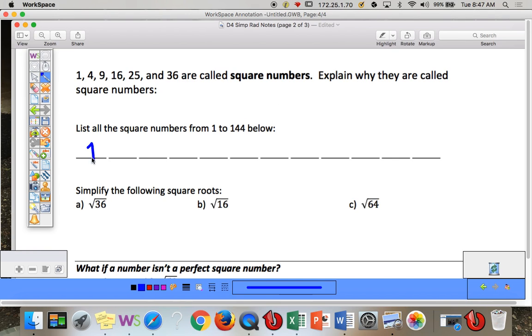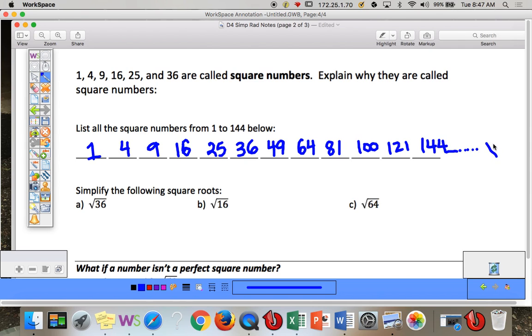So 1 times 1 is 1, 2 times 2 is 4, 3 times 3 is 9, 4 times 4 is 16, 5 times 5 is 25, 6 squared is 36, 7 squared is 49, 8 squared is 64, 9 squared is 81, 10 squared is 100, 11 squared is 121, and 12 squared is 144. This can go all the way up to x squared is also a square number.